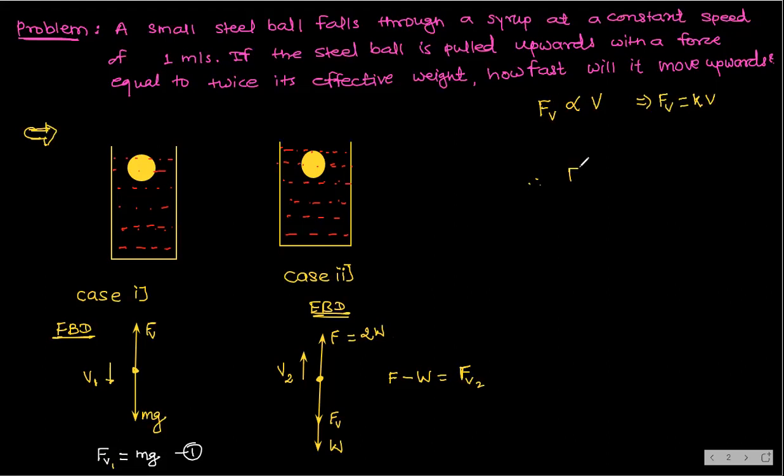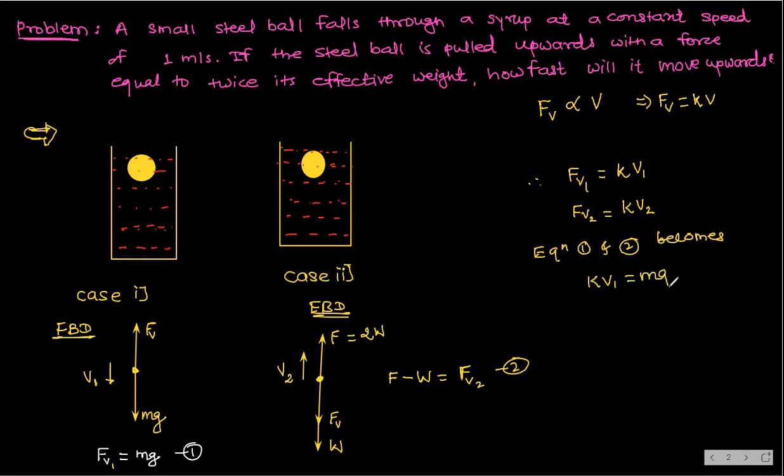Therefore Fv1 is equal to K into V1 and Fv2 is equal to K into V2. Equations 1 and 2 become, just see, I am writing here K into V1 is equal to mg, which is equation number 3.